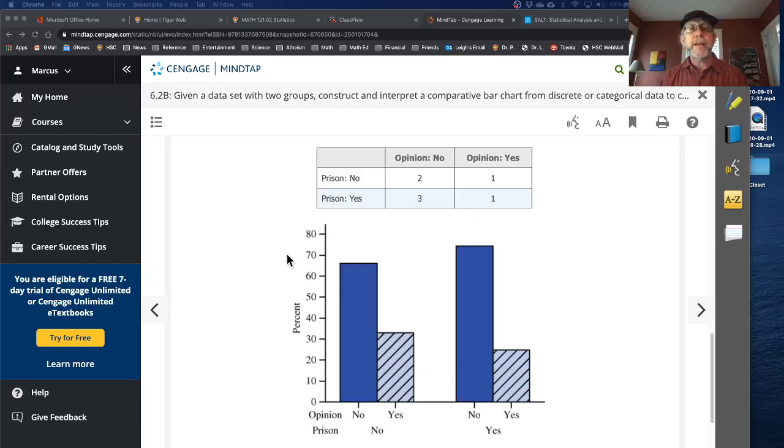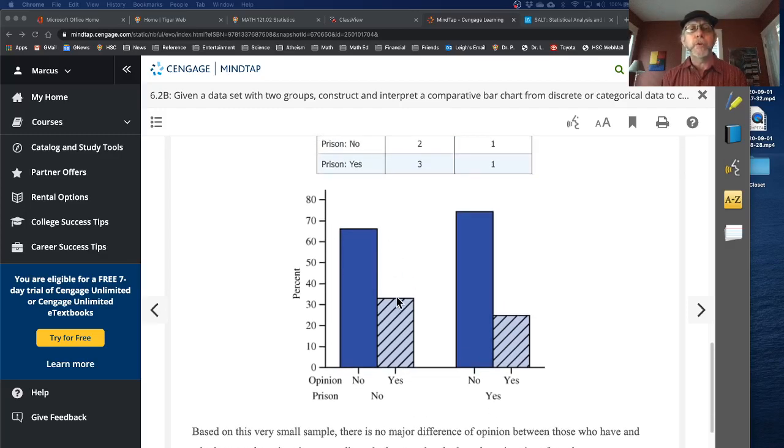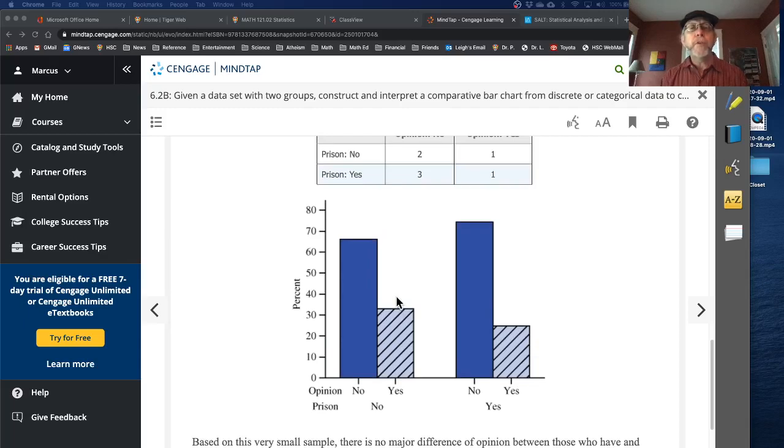And here you see that data represented in what's called a comparative bar chart. What we've done, again, because there are different group sizes, there were three individuals in the sample who did not have direct acquaintance with serving time in prison, and there were four who did. So we've converted the data into percentages.